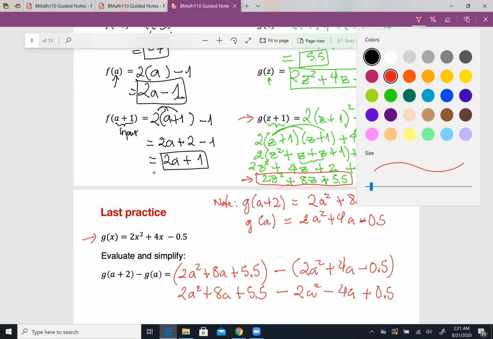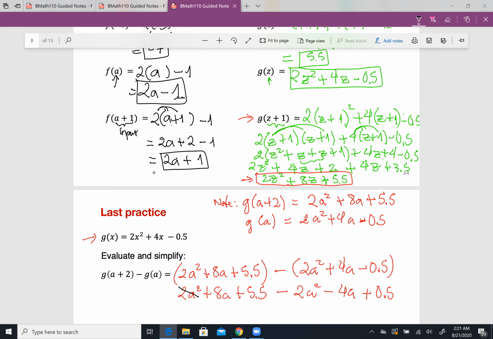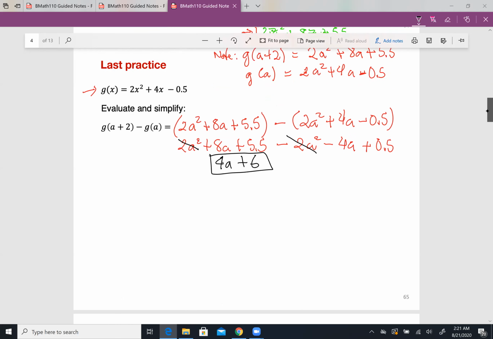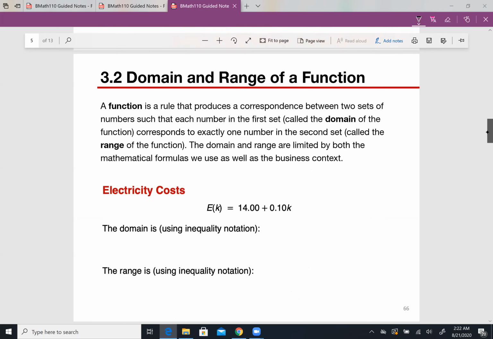Now I will cancel 2a squared, and I also will have 8a minus 4a gonna be 4a, and 5.5 plus 0.5 gonna be 6, so the answer is 4a plus 6. Okay, so we're done with this practice, and I'm gonna move to section 3.2.